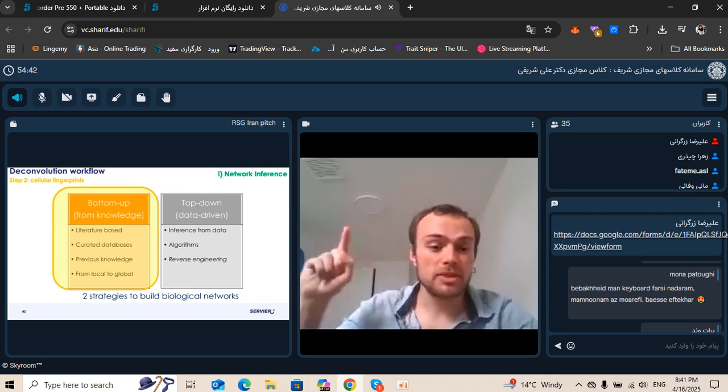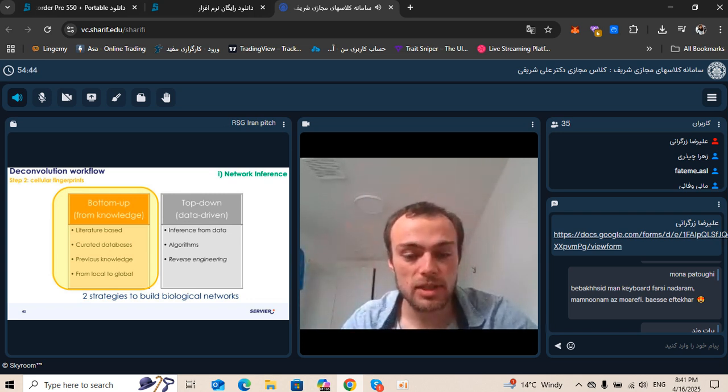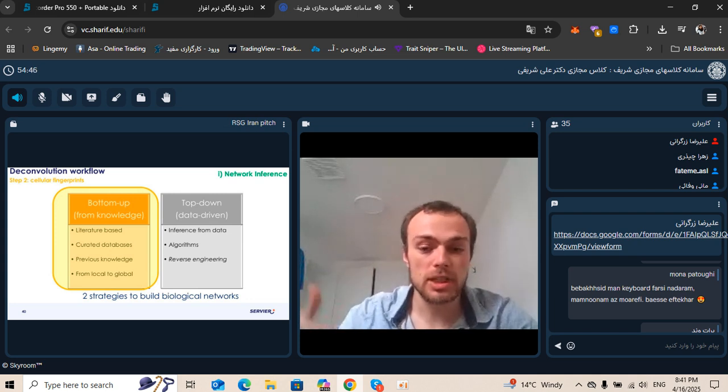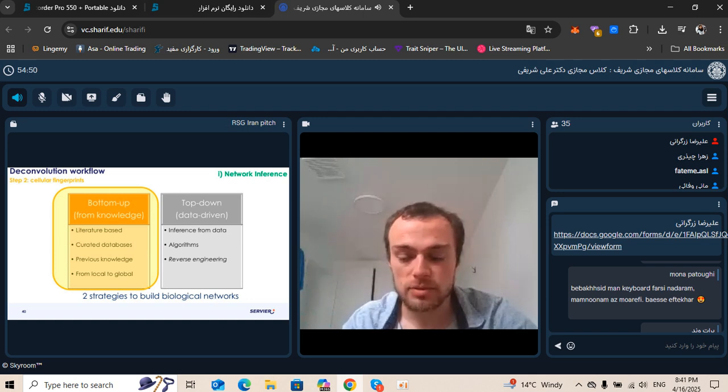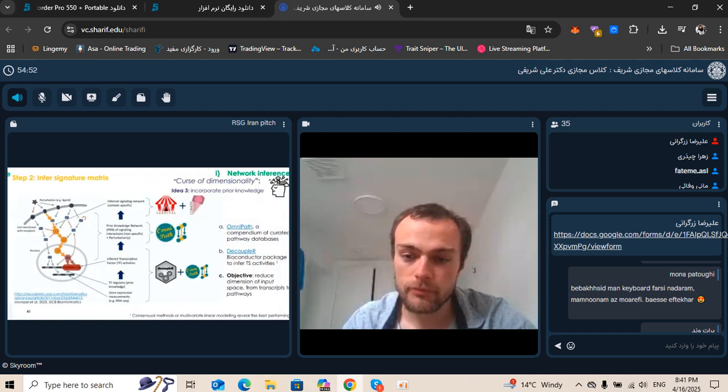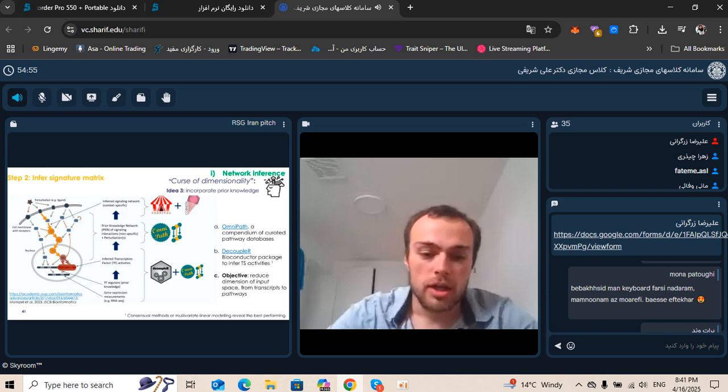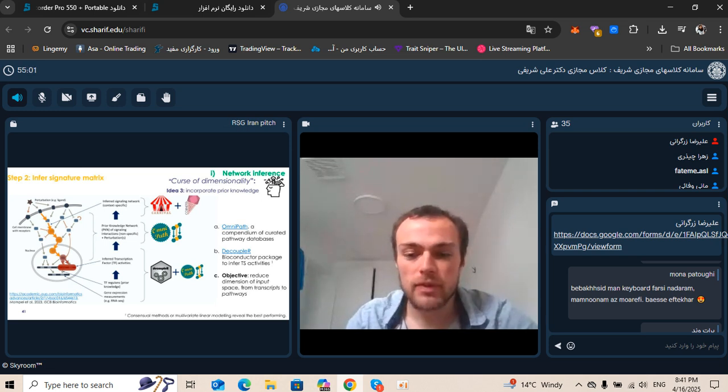So the final strategy to overcome the curse of dimensionality is to integrate prior information, or in other words, a bottom-up approach. More precisely, there's a whole compendium of databases and resources like OmniPath or DecoupleR that directly provide these interactions between genes.